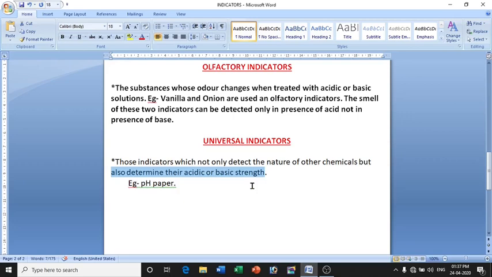So in order to know the strength of an acid and base, we generally use universal indicator. For example, you can have pH paper. About pH, I will make another video. Here, pH stands for power of hydrogen ions. In a solution, how many hydrogen ions are released or formed determines the strength of an acid or base.